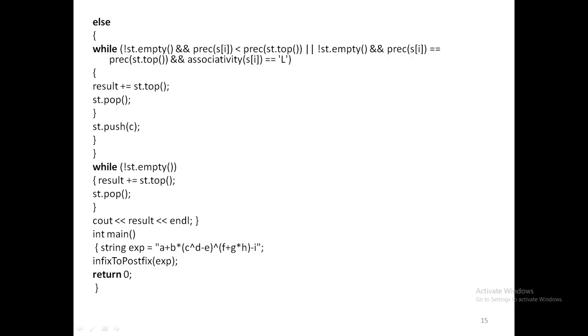And then the operator is pushed into the stack. After all the elements are processed, we need to pop the elements until the stack is empty. That is done in this while loop. So finally we just need to display the result.